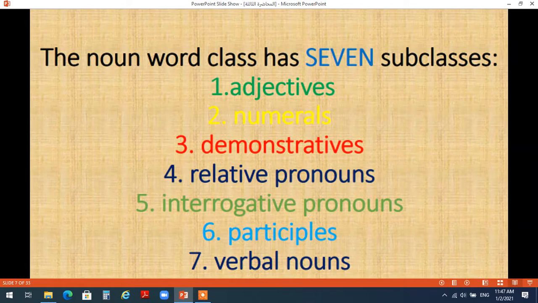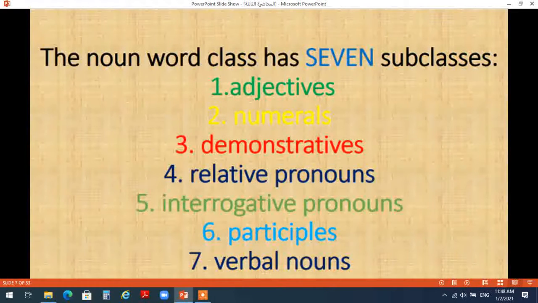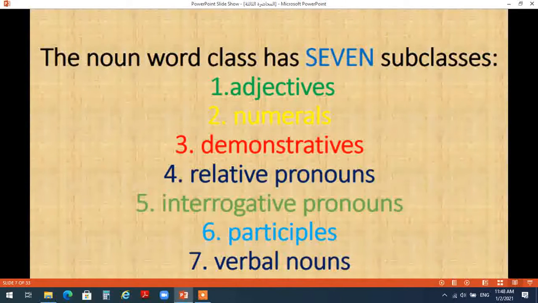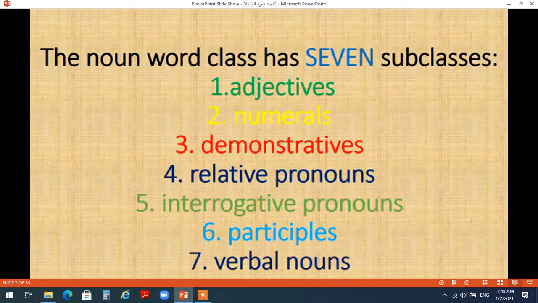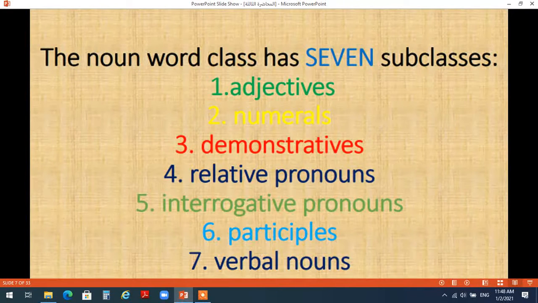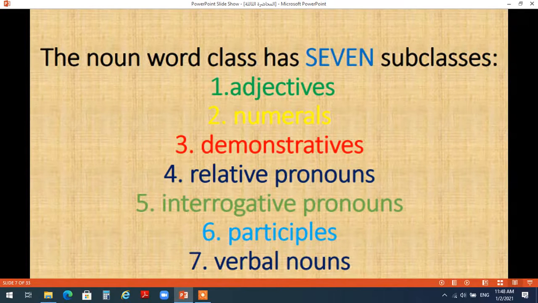These 7 subclasses are adjectives الصفات, numerals الأعداد, demonstratives أسماء الإشارة, relative pronouns الأسماء الموصولة, interrogative pronouns اللي هي أسماء الاستفهام ما عدا هل والهمزة لأنها تعتبر حروف وليست أسماء. والفئة السادسة هي الparticiples اللي تشمل اسمي الفاعل والمفعول. والفئة الأخيرة والسابعة اللي هي verbal nouns أو ما يسمى بالمصادر في اللغة العربية.